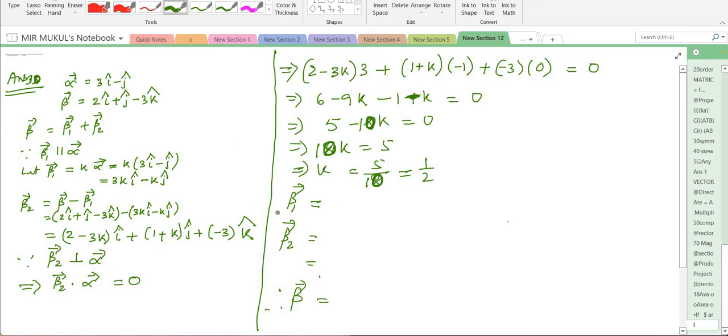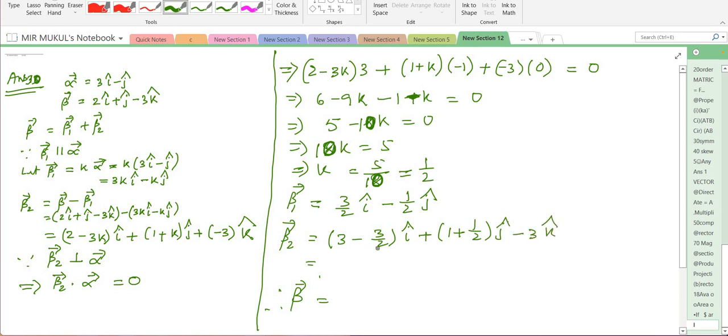So beta 1 will be 3 by 2 i minus 1 by 2 j, and beta 2 is 3 minus 3 by 2 i plus 1 plus 1 by 2 j minus 3k.